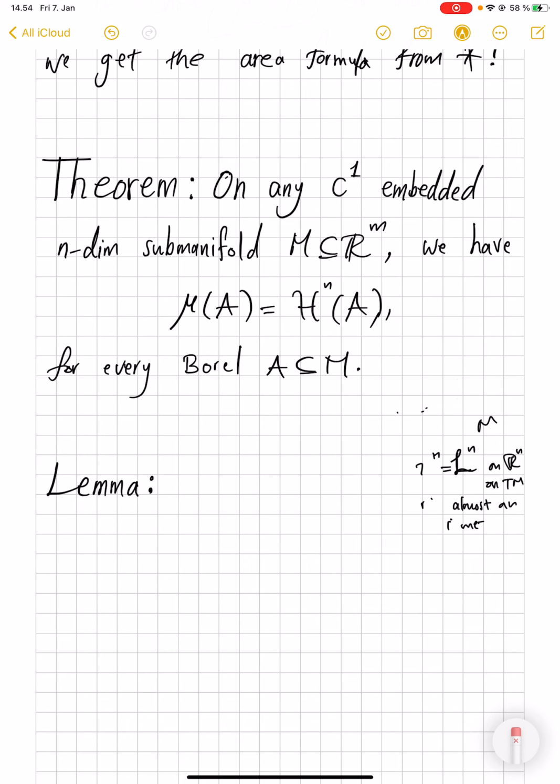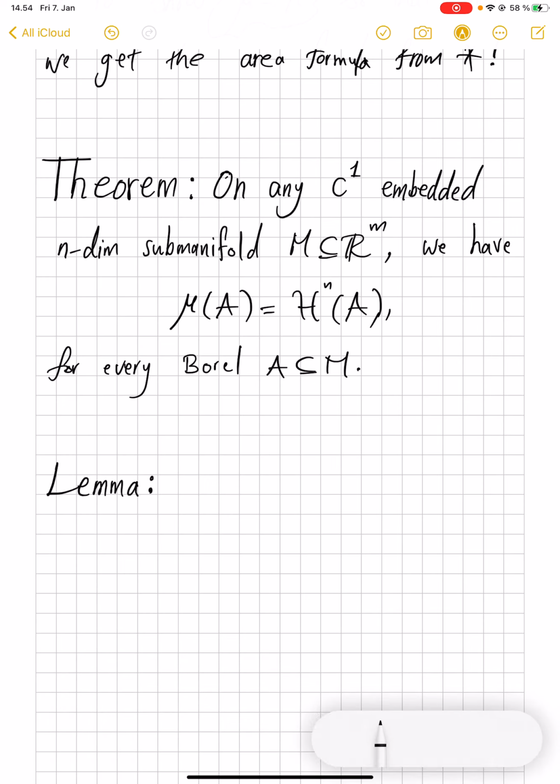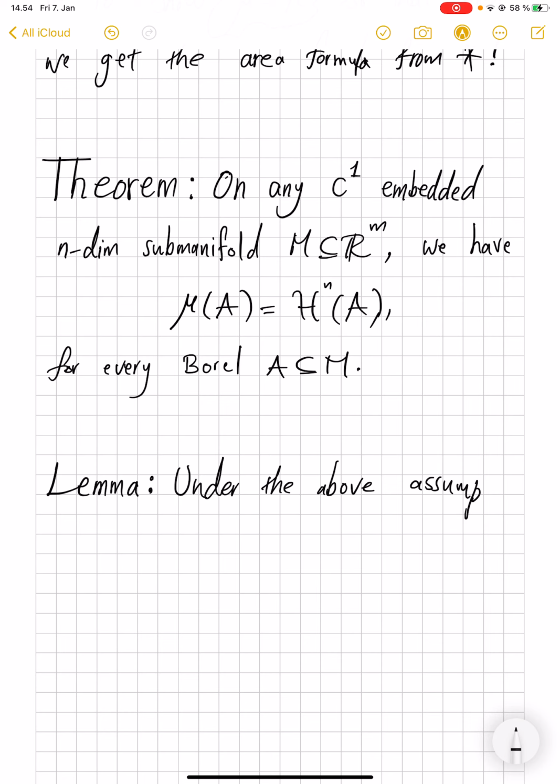Okay, so to take things slowly, I break this down into a lemma first. And the lemma reads as follows. Under the above assumptions, on M, fix any lambda bigger than 1.